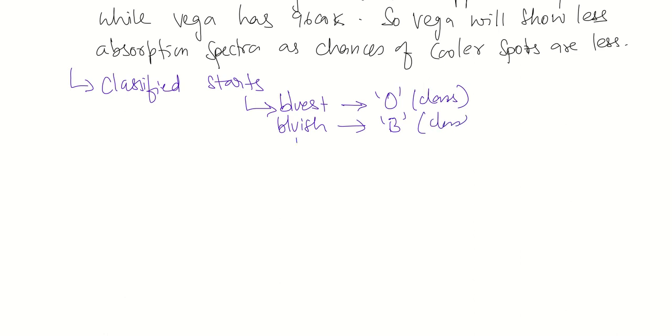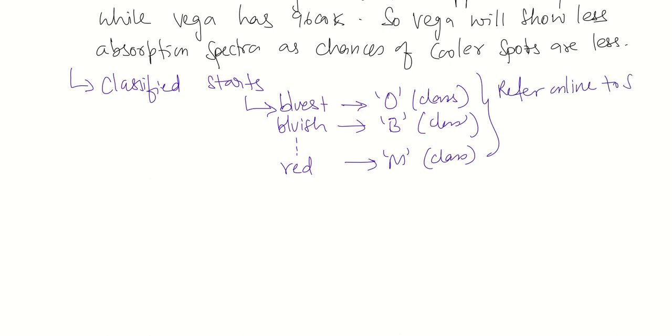Similarly, if I go down, the red, the least energy, is labeled as M class. So maybe you can refer online to see more classes of stars.